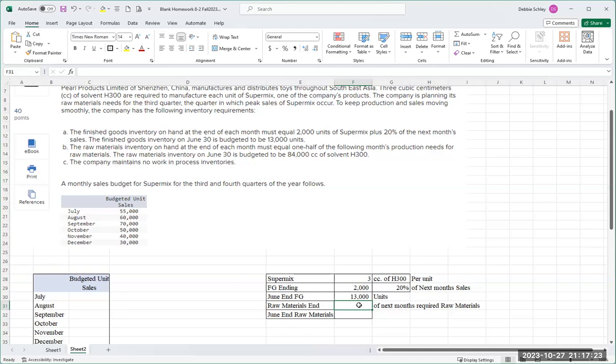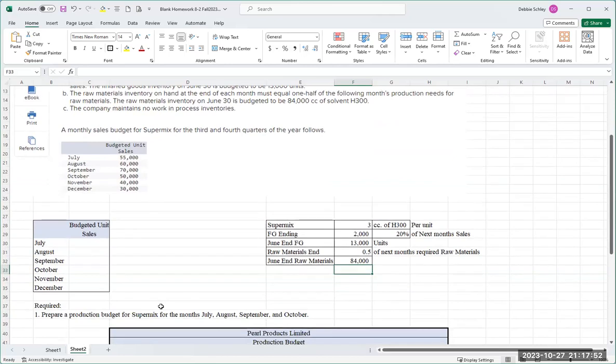Now we're talking about raw materials, so that's going to be 0.5, half, right? 1/2. The raw materials inventory on June 30th, so that's the ending, is budgeted to be 84,000 cc of solvent H300. So 84,000. So we just filled in finished goods inventory and raw materials inventory.